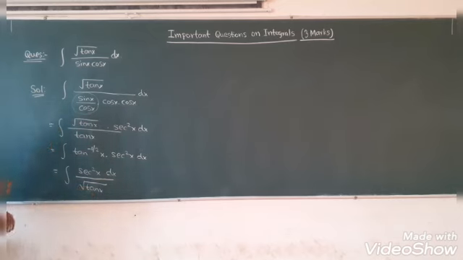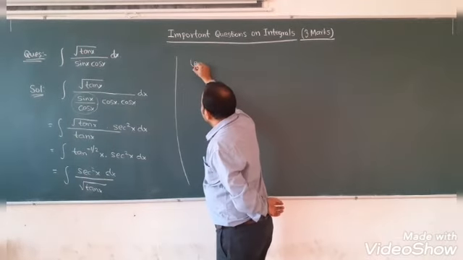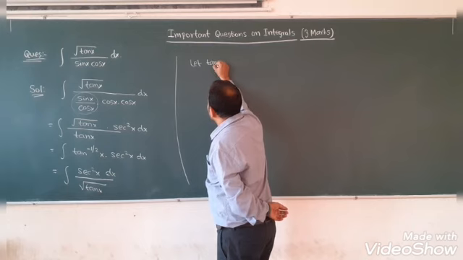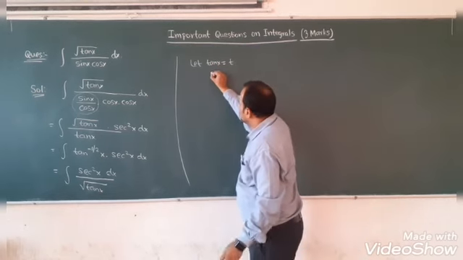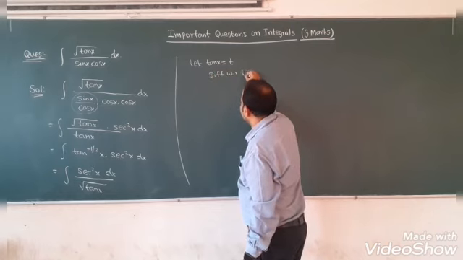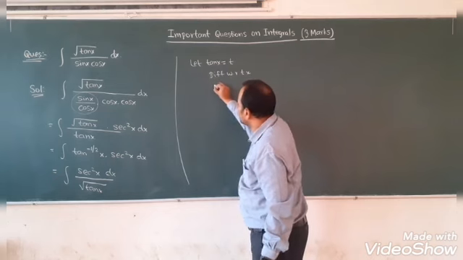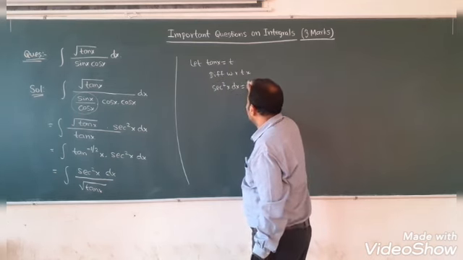Now I think method of substitution, let tan x is equal to t. Differentiate both sides with respect to x. So differentiation of tan x is secant square x, so secant square x dx is equal to dt.